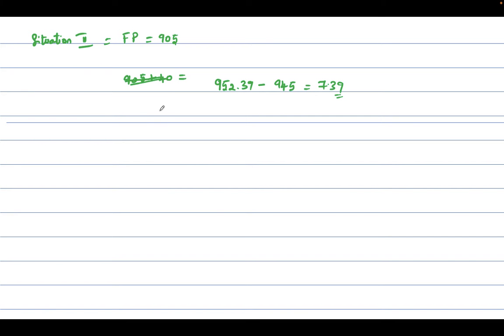F, forward price, equal to S minus I, exponent RT. So I is the known income which we are going to get.